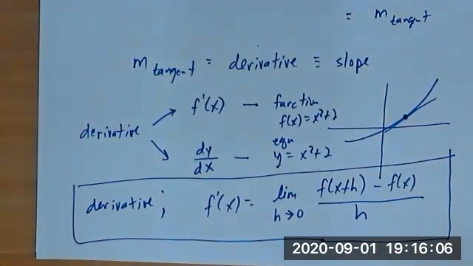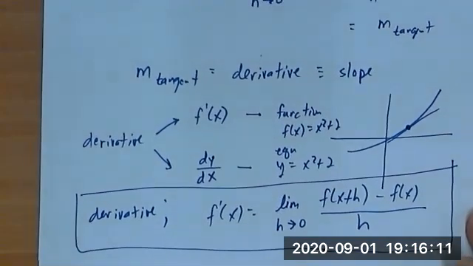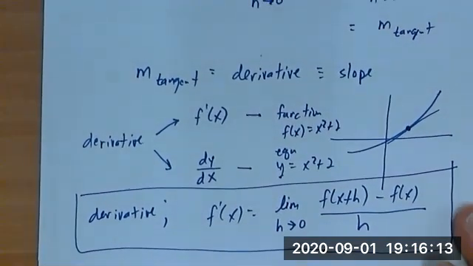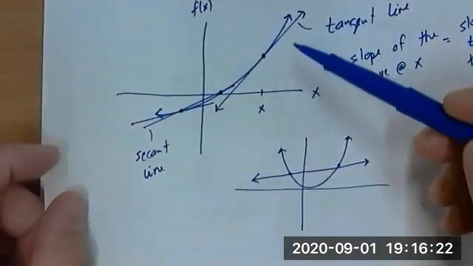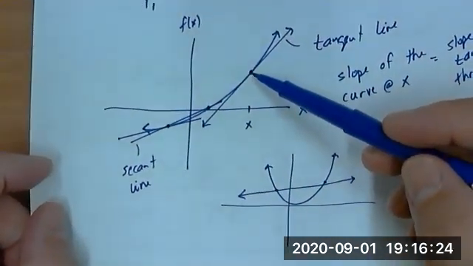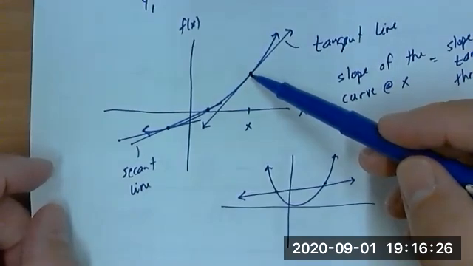So let me summarize what we were doing. Way back at the beginning, I said this is all about finding the slope of a tangent line. You've got a curve. I want to find the slope of the curve at a point.